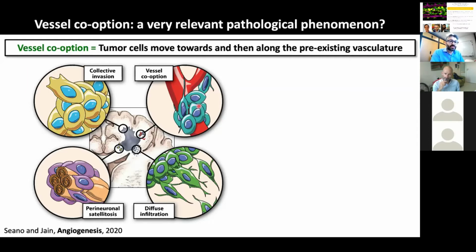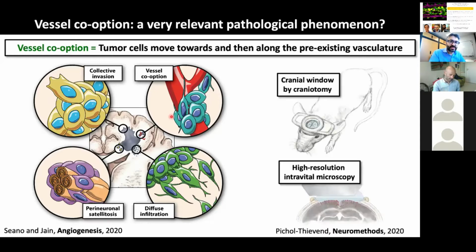Pathologists call this vascular satellitosis, and it is one of the hallmarks used to define a glioblastoma. They found many different highlights in the surrounding tissue close to the blood vessels. So we know this is happening in glioblastoma, but we have no idea how these satellitoses are formed.